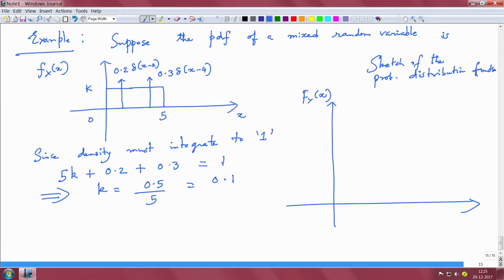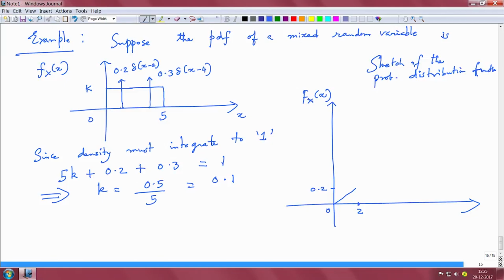Between 0 and 2, I have a ramp, because I am just integrating this rectangle here, with a slope of 0.1, and I accumulate a mass of 0.2 on the y axis.